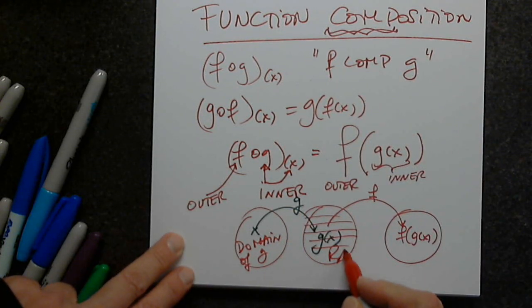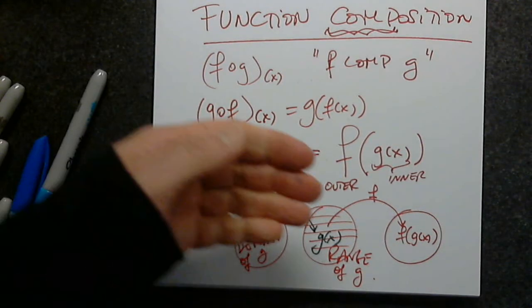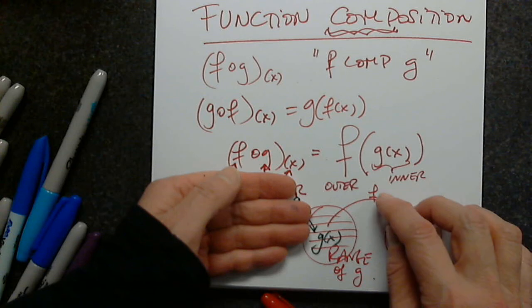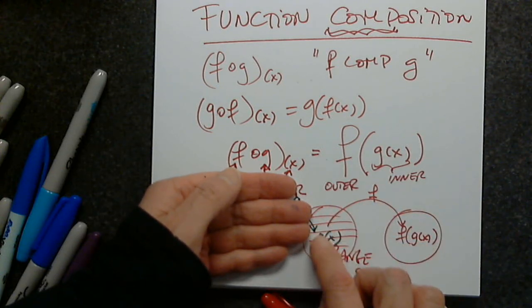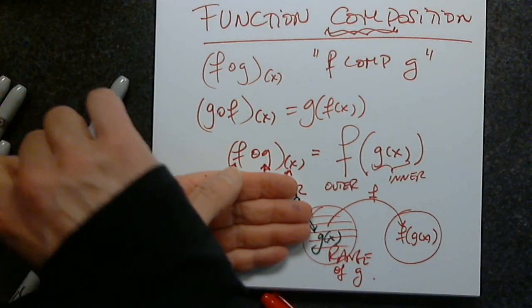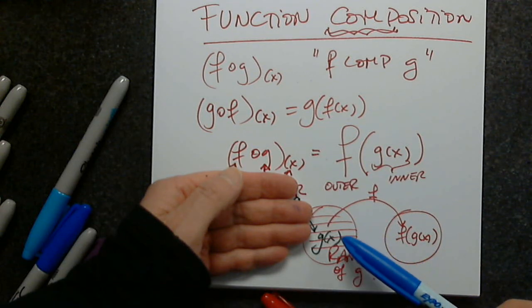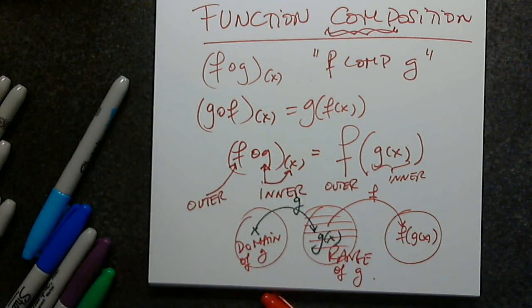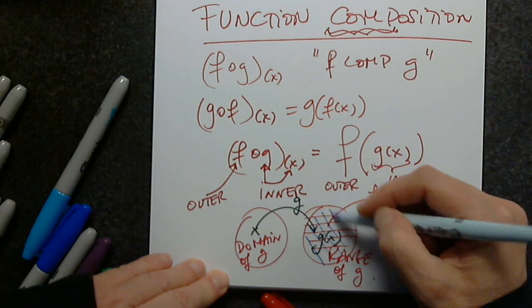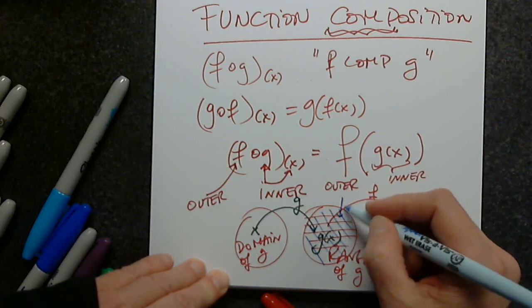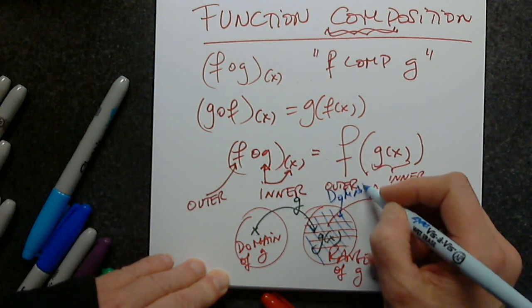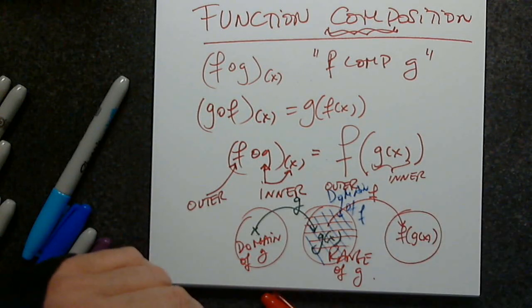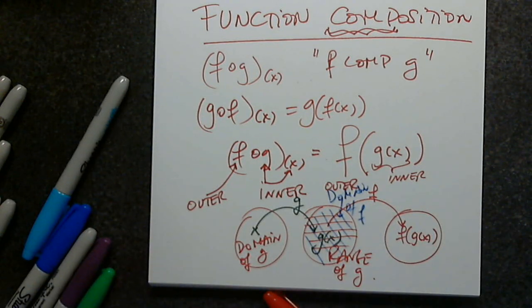This must be the range of g. Excellent. For a moment, forget about g. Please tell me for function f, what does this set represent? Thank you. So this is the domain of f. So here is the potential problem.